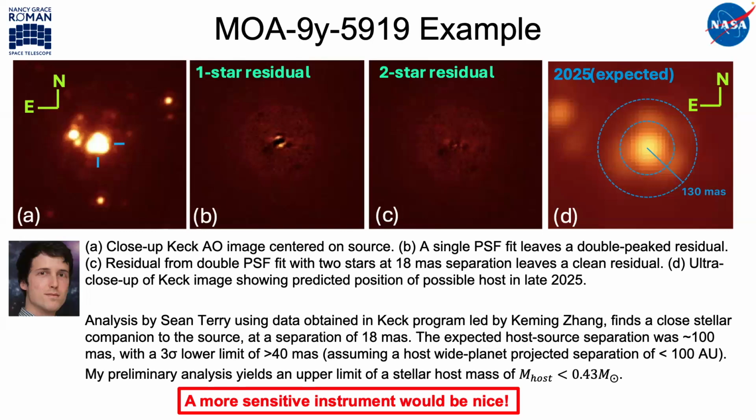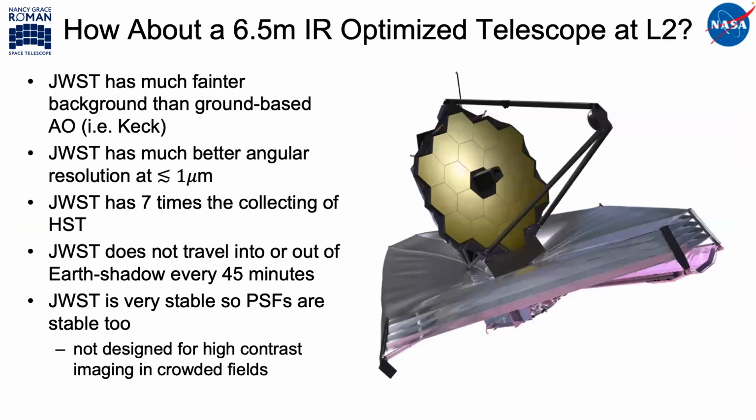Yeah, so a more sensitive instrument would be nice, and it turned out there's one that was launched a couple of years ago, and that's JWST. It has a much fainter background. JWST has a much better angular resolution than HST at wavelengths longer than a micron, and several times the collecting area of HST.